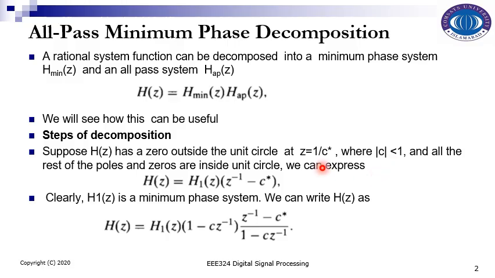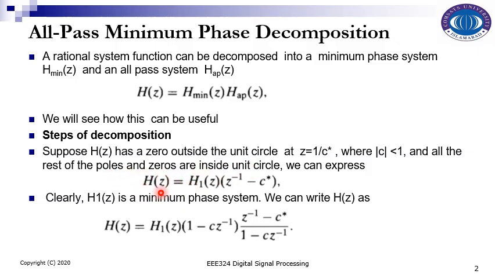We take the zero which is outside the unit circle, belonging to H(z), and we separate it out, and we write our H(z) in this form. This zero factor has a zero at 1 over c star, outside the unit circle, and this is the remaining part of H(z), consisting of all the other poles and zeros which are inside the unit circle.